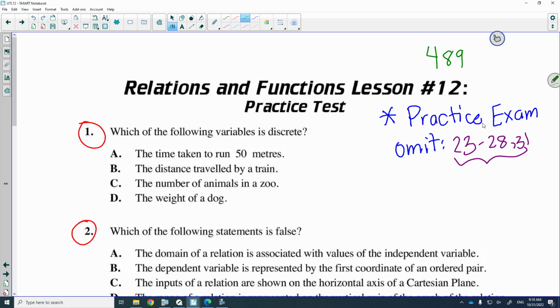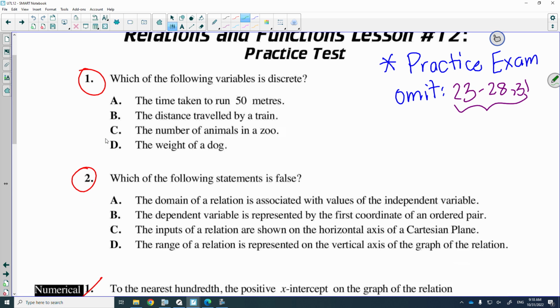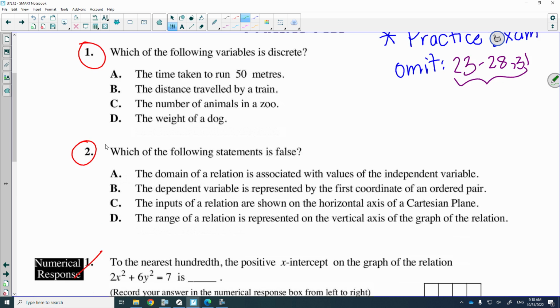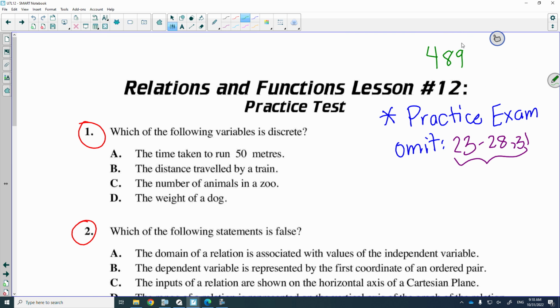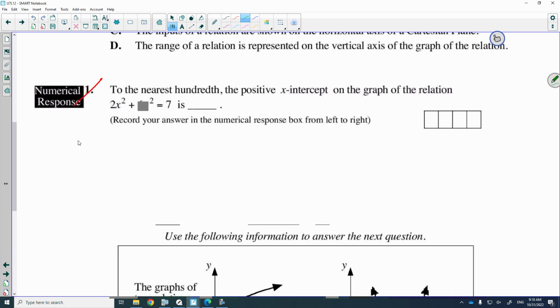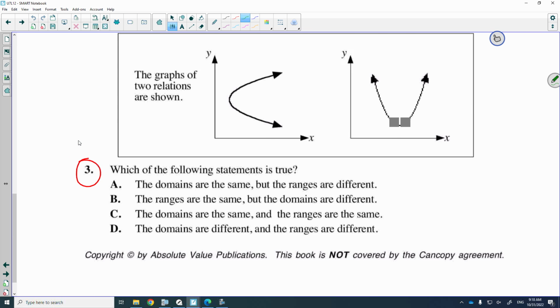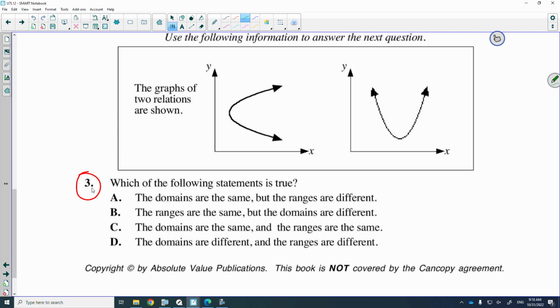This practice exam here was just the one that I handed out on Friday. Okay, question 1 is good. 2 is good. It's on page 489. 3 is good.